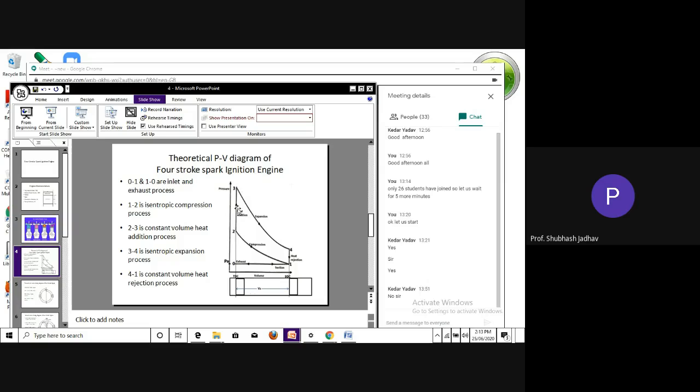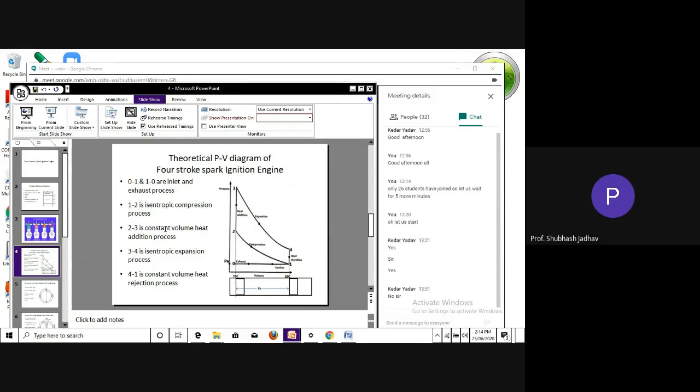And this, without any change in volume, constant volume, we are able to increase the pressure. Why? Because heat is added. So due to the combustion, heat has been added, and due to the addition of the heat, the pressure has been increased from 2 to 3.